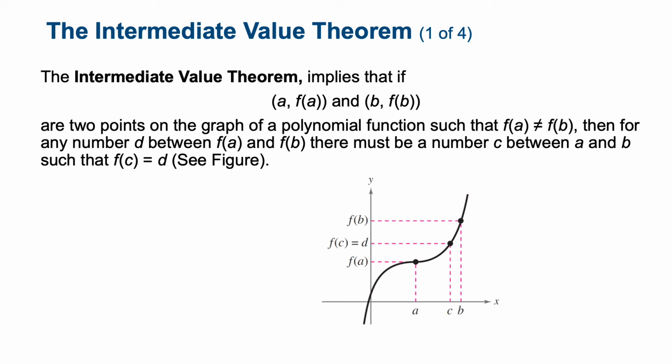Let's say I have some value d, and d is between f of a and f of b. So for every value in between this interval, there exists an x value between the x's that points to that value d. So there exists a value c such that f of c is equal to d.